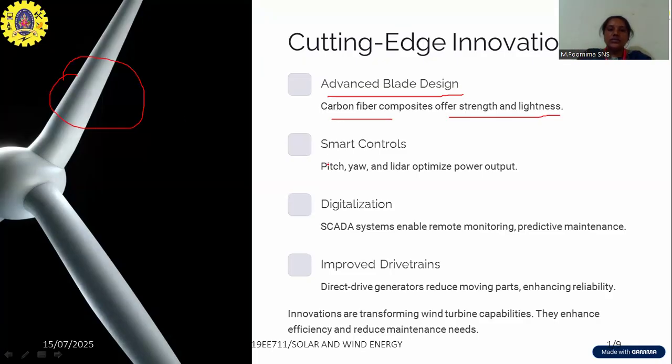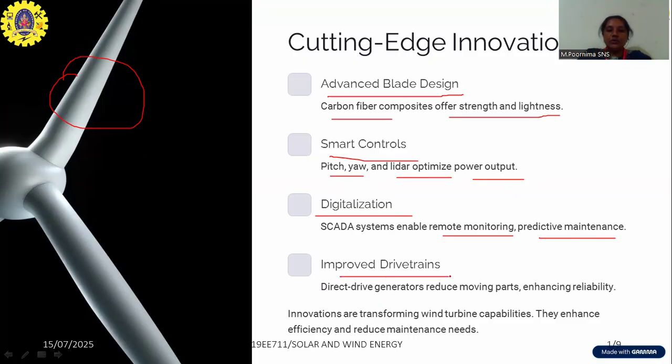Our next one is smart control, that is pitch and yaw control, which optimizes power output. And digitalization, that is SCADA systems, which enable remote monitoring and predictive maintenance. Remote monitoring and predictive maintenance are the main processes we have to take up.